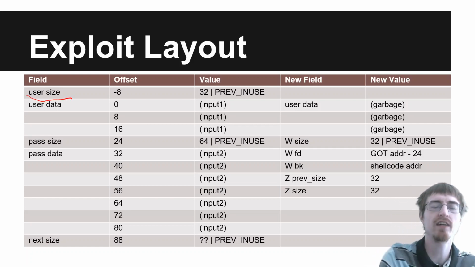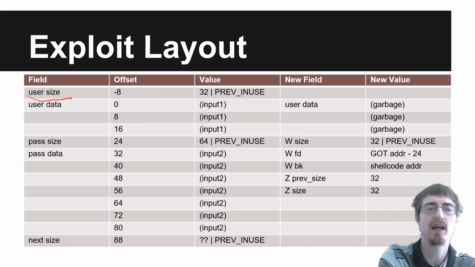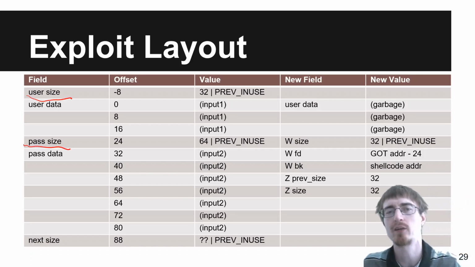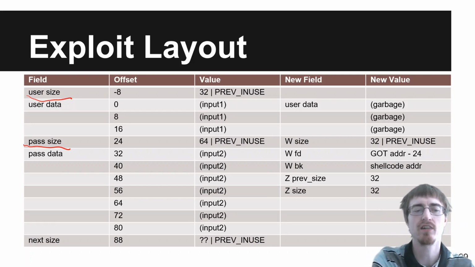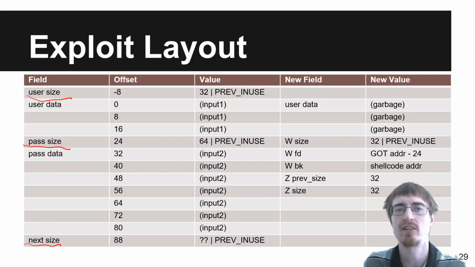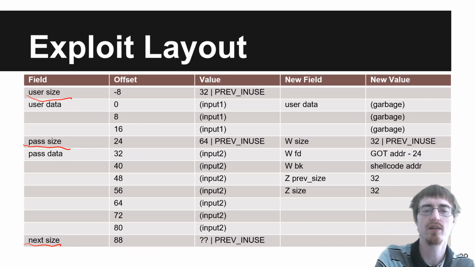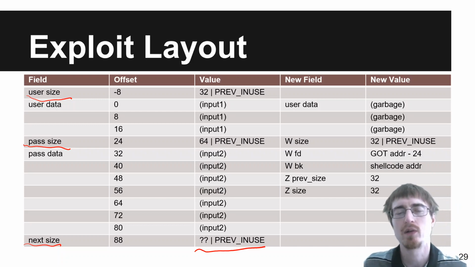The user size goes before the user data, and the password size goes before the password data. Also at the end, of course, there's another size field for whatever is the next chunk. That chunk may be used or it may be free, it doesn't really matter. We only care about the fact that it shows that the password is in use. So this one points back to the password saying that it's in use.